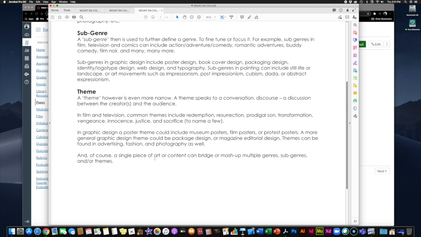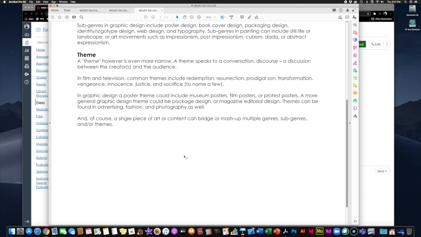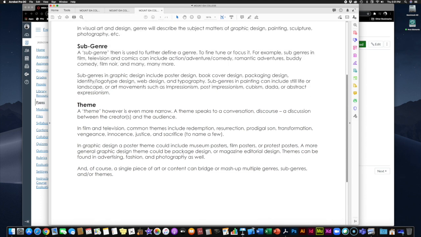And of course, a single piece of art or content can mash up all sorts of different genres, subgenres, and themes. Just like the character arcs of our protagonist can be a mashup of those different types of character arcs, genres, subgenres, and themes can all be interconnected and mash each other up.